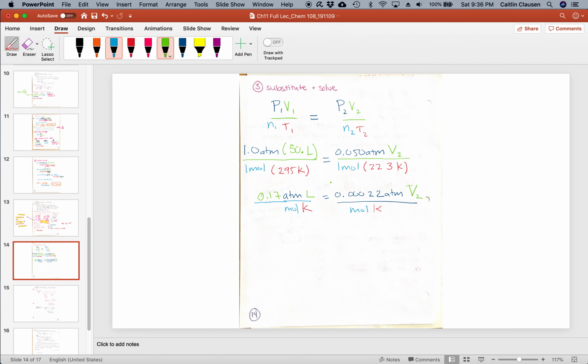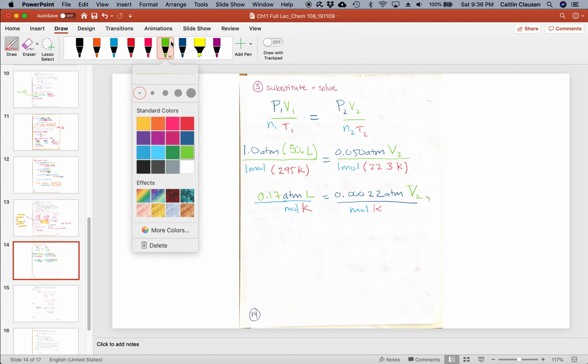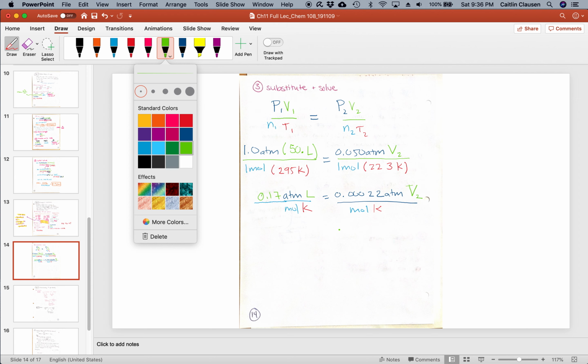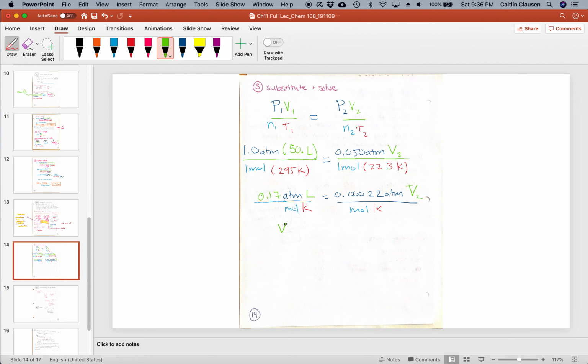If I multiply through by this whole thing, I shall be left with, just going to put it on the right side, 0.17 atm liters, not multiply, dividing.